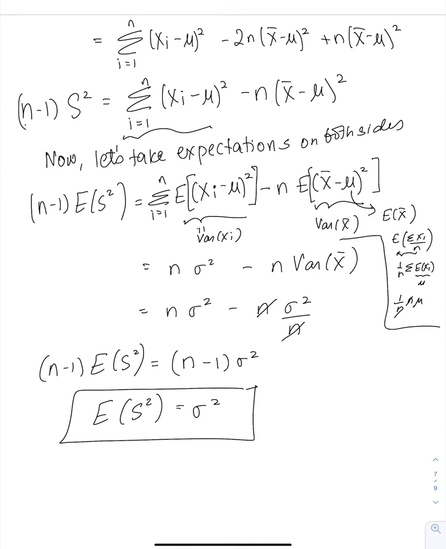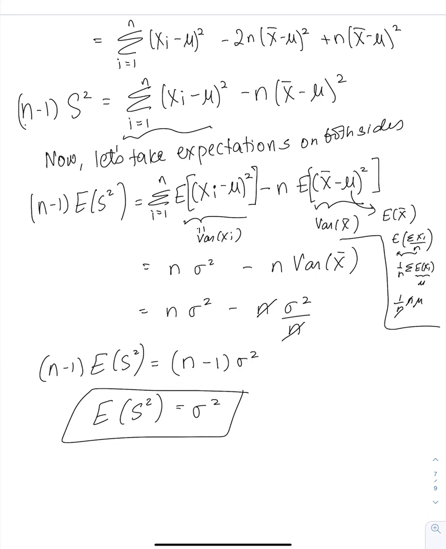If you had a 1 over n instead of a 1 over n minus 1, then what would have happened? There would have been an n over here, and you'd have n minus 1 over n in front of the sigma squared on the right. You wouldn't want that. You want the sample variance to have the same expectation as the variance of the original Xi.